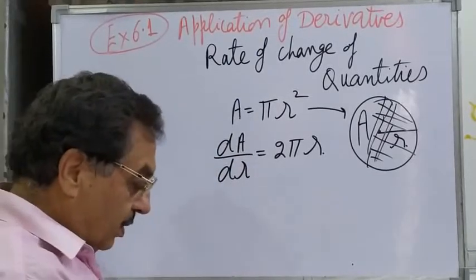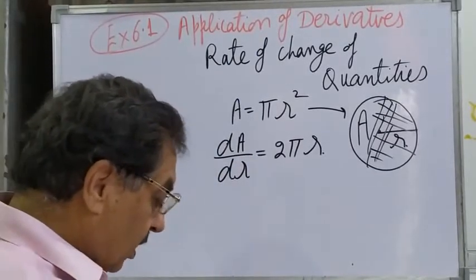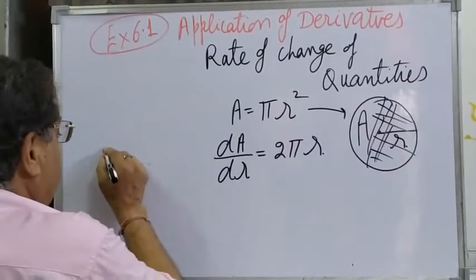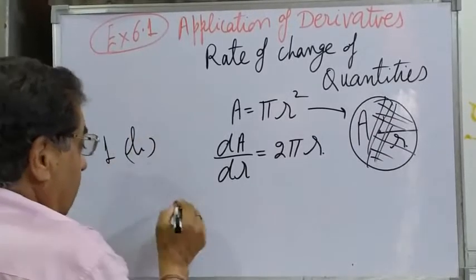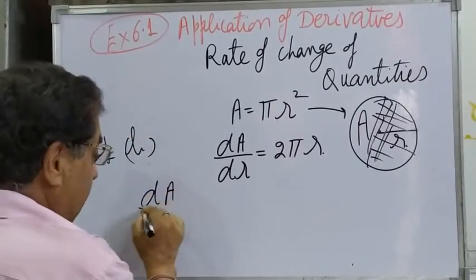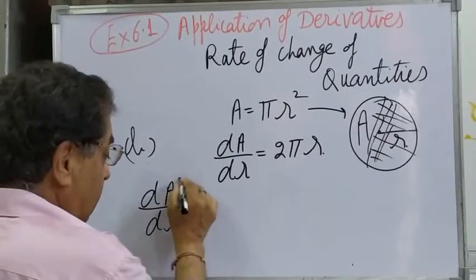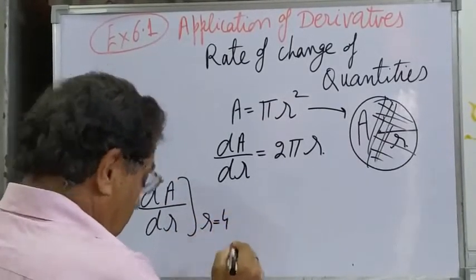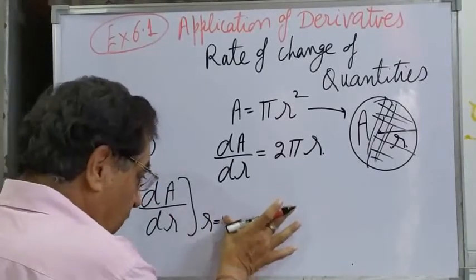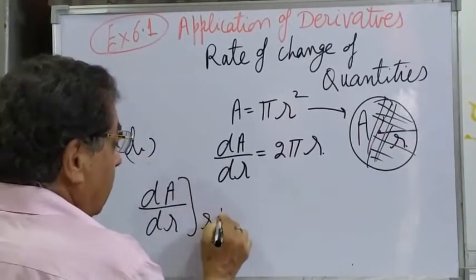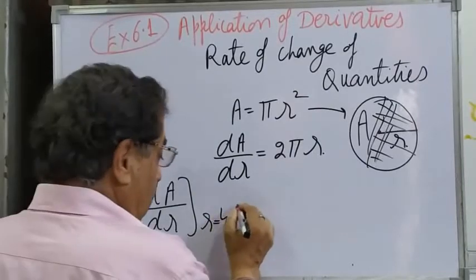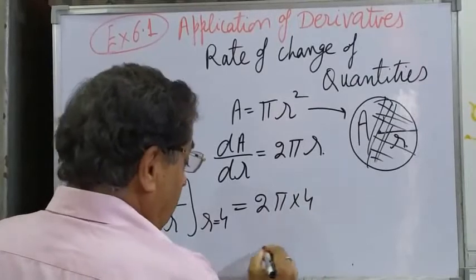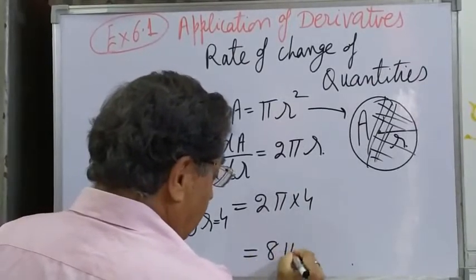Now the question is, when the radius is 3 centimeter or 4 centimeter. Let us take the first one, where r is 4 centimeter. So that is equal to 2 pi times 4, and we get the answer 8 pi.